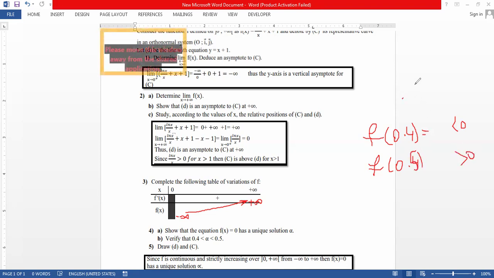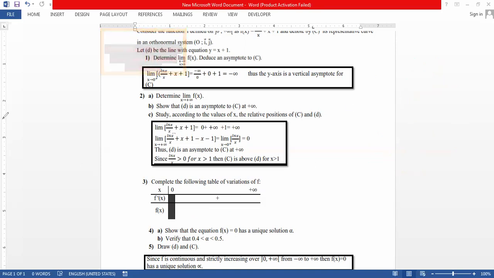Because it's actually increasing. So the value 0.4 will give me a negative value, but 0.5 will give me a positive value because alpha is in between them, okay? So since the function is increasing, 0.4 will give me a negative value and 0.5 will give me a positive value.